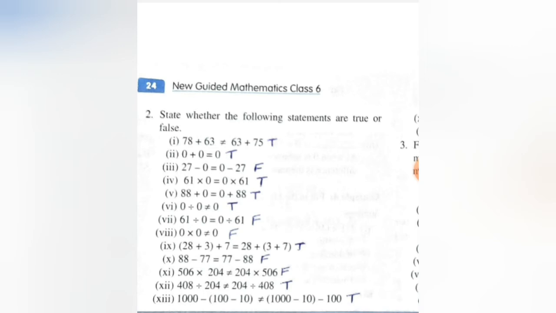Number 10. 88 minus 77 is equal to 77 minus 88. It is not correct because in subtraction the commutative property will not work. Number 11. 506 multiplied by 204 is not equal to 204 multiplied by 506. It is false.